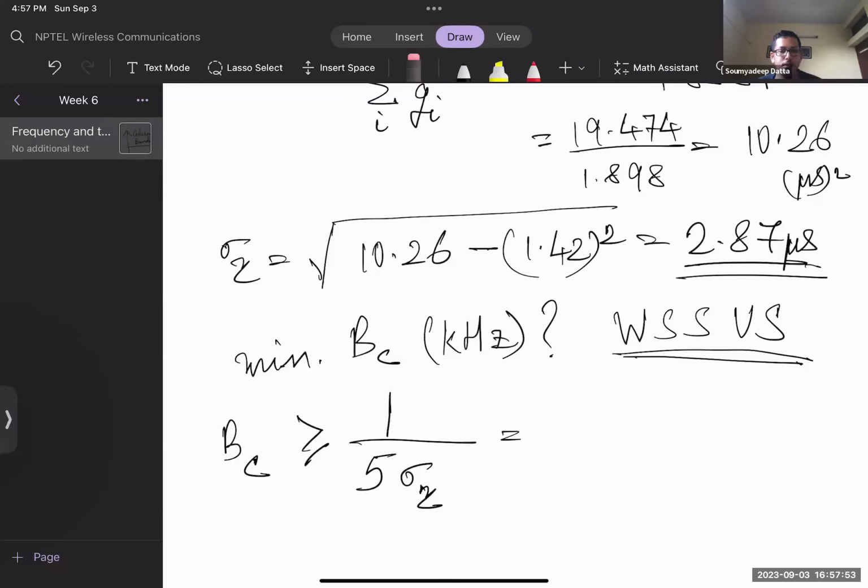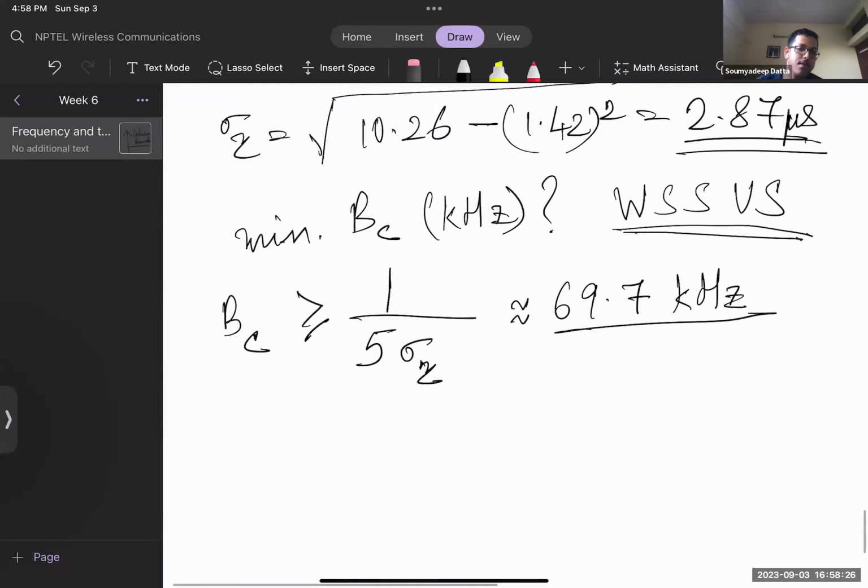Let's say 5 into 2.87 microsecond inverse. I'm roughly getting it like 69.7. This is 69.7 kilohertz. So that is the coherence bandwidth, right?